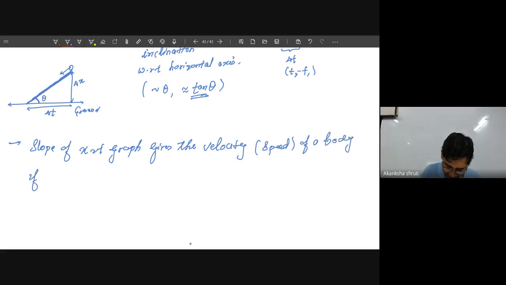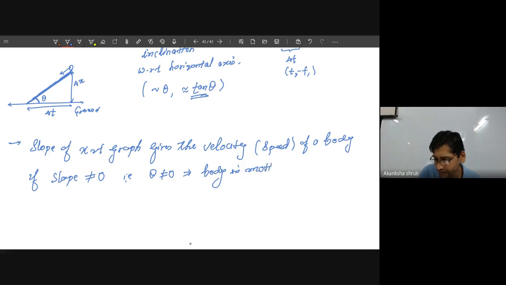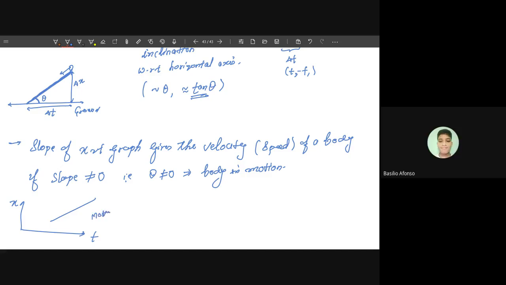So if slope is not equal to 0, that is, there is some inclination, theta value is not equal to 0, this implies body in motion. What we have learned earlier also. Means if the graph is like this one, whatever the t and whatever the x is, whatever the graph may be, so it is in motion.